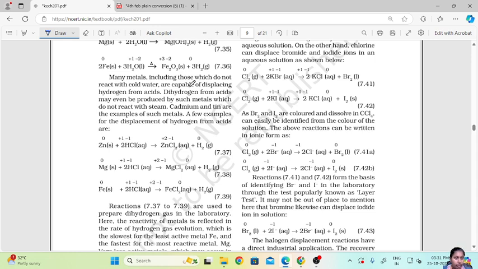The metals which don't react with cold water can displace hydrogen from acids, and some do not react with steam either. Cadmium and tin are examples of such metals which can displace hydrogen from acid, but cannot react with cold water nor with steam.